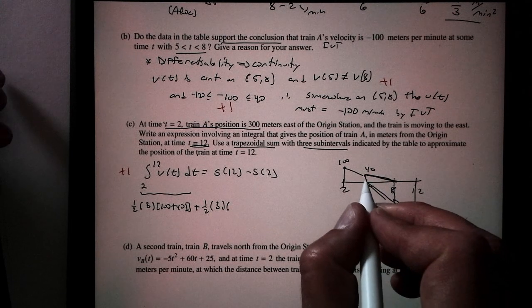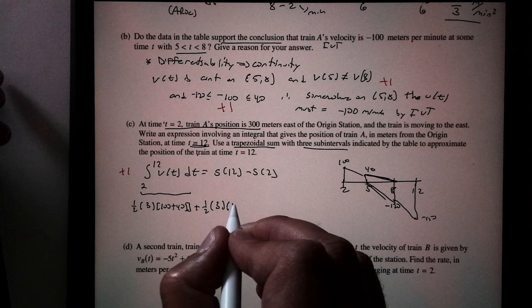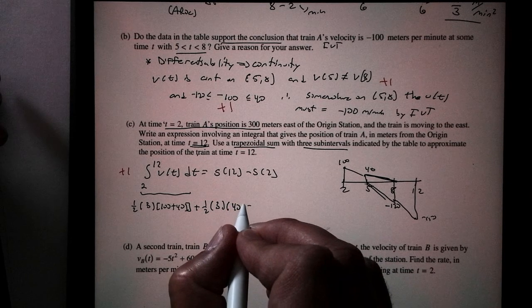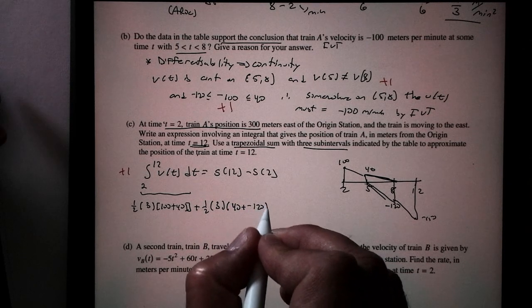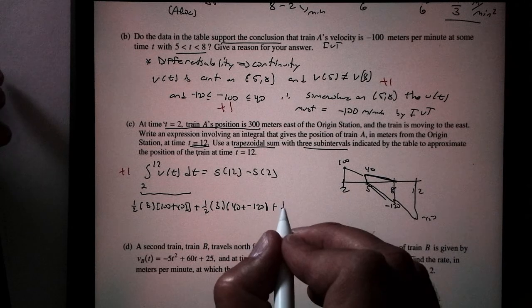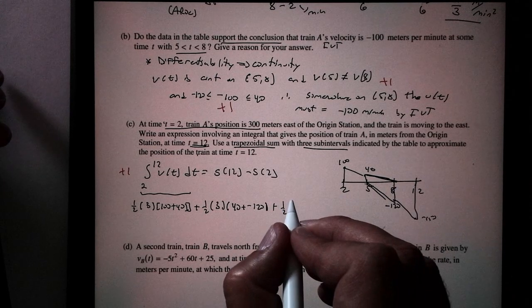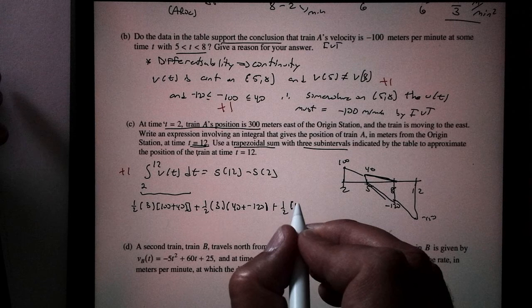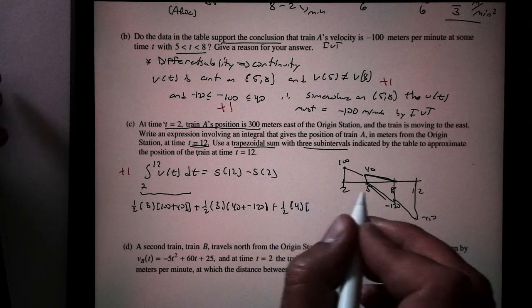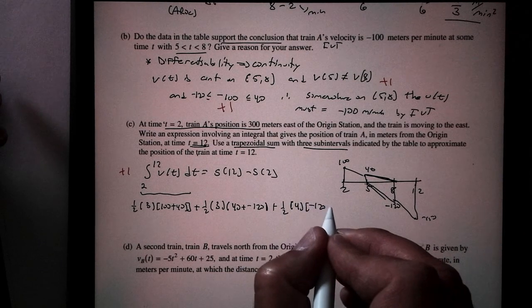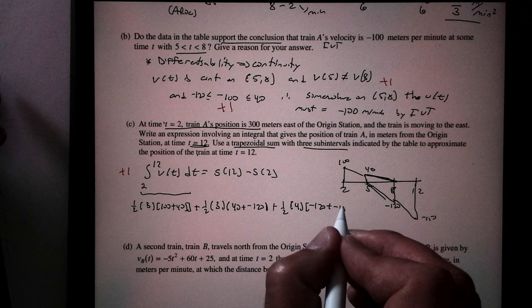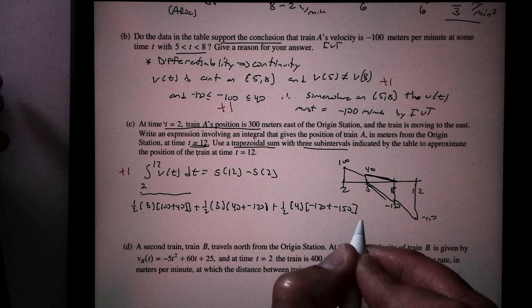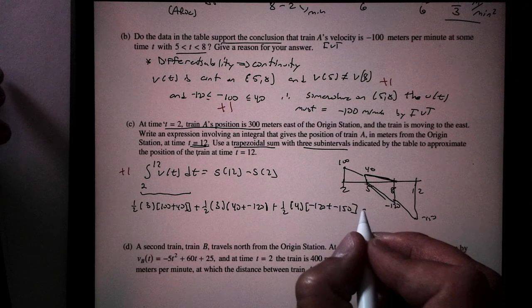There we go. So it's 40 plus negative 120. And my last one, 1/2, it has a base of 4, and we have the height, negative 120 plus negative 150 right here. And if you clean all of this up, you're going to get negative 450.